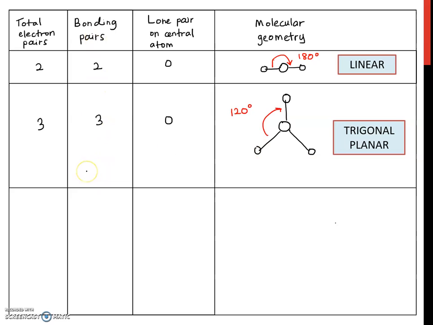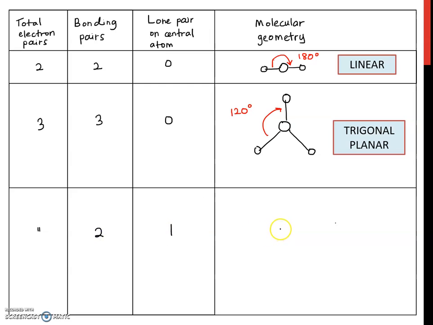Okay, untuk type yang kedua, terdapat lone pair pada central. Okay, so contohnya under 3 electron pairs, okay, 2 bonding pairs and 1 lone pair on central atom.